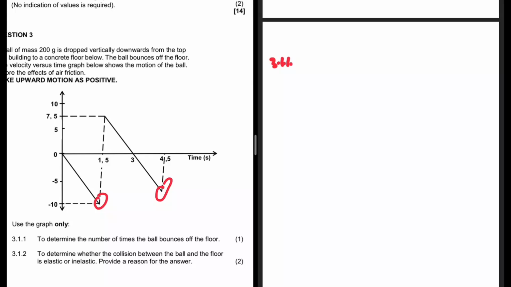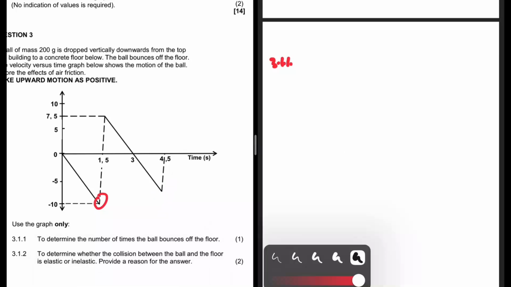After it strikes the ground for the second time, it does not bounce off, right? It remains on the ground. So clearly, the number of times it bounces off the floor is 1. It only bounces off the floor 1 time. So that is the answer there.